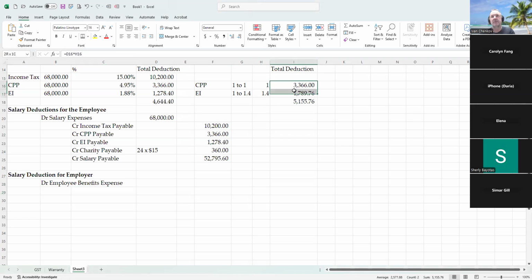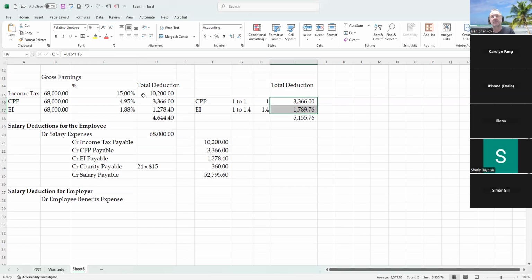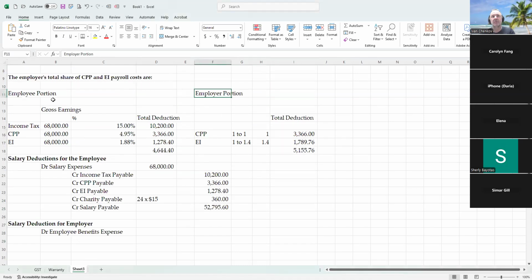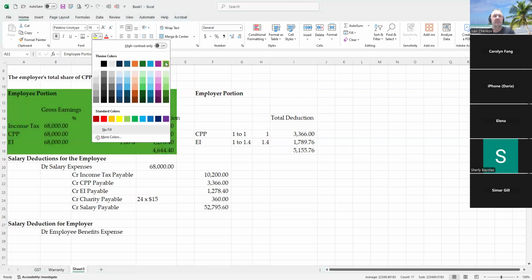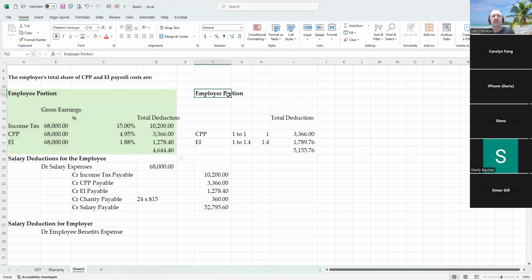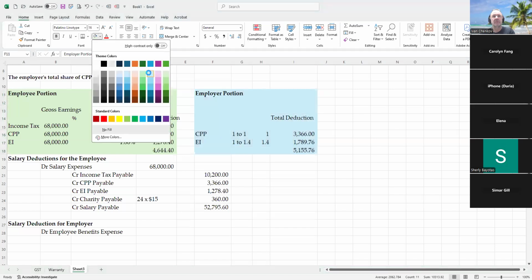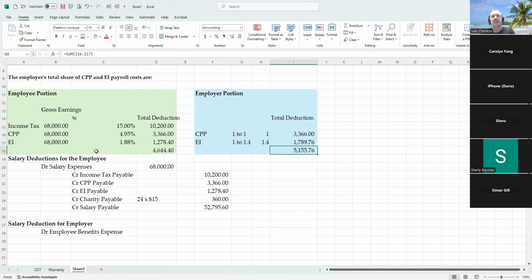There are only two credits in this case, which are related to our employer. That will be the employer portion. That was the employee portion on the top. That's why we did this calculation for the employer portion. We're chasing only the employer portion. We can highlight the employee portion with green, and the employer portion with blue. We're chasing the number for the employer.